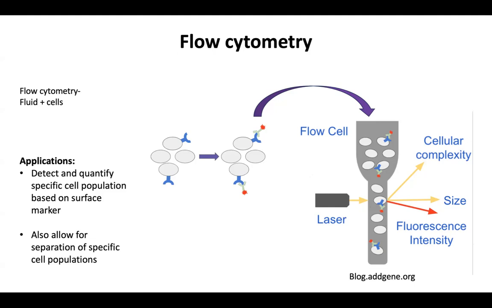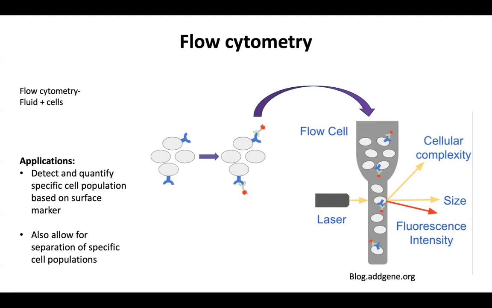And besides seeing that marker that correlates with the fluorescent signals, you can also sometimes determine the type of cell based on their complexity and size. And this is based on another light besides the laser that excites the fluorescent. This light is going to scatter based on the cell complexity and size.